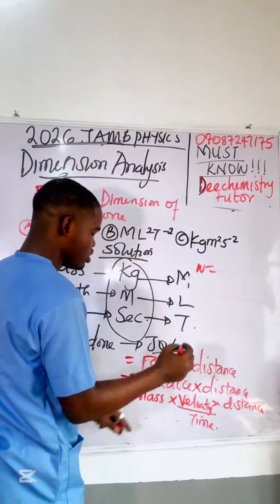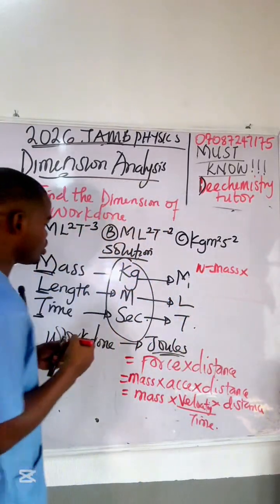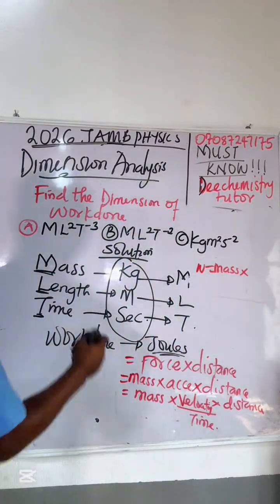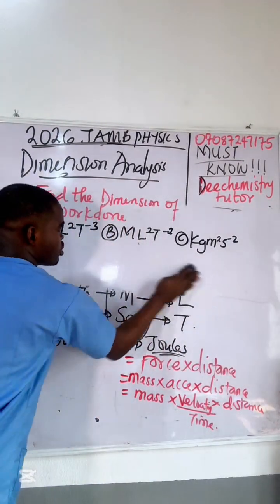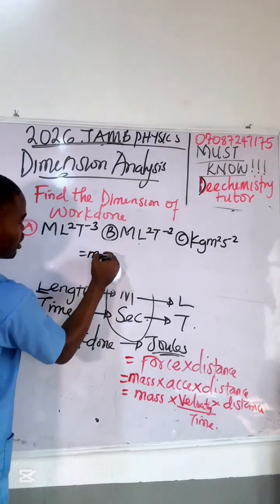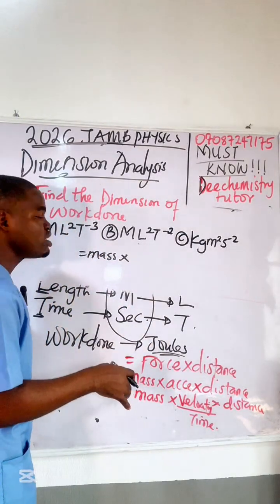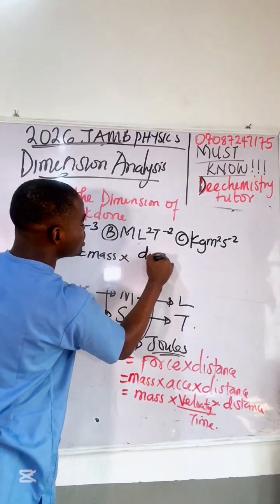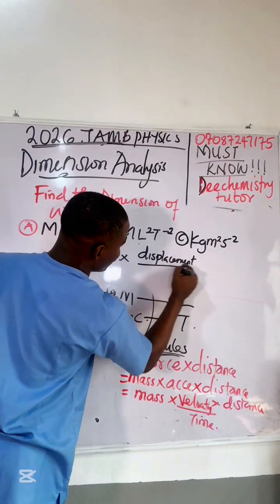Work done is still mass times, okay, since you already know this one, let me just clean this. So now, work done is still mass times velocity, and velocity is coming from displacement over time.